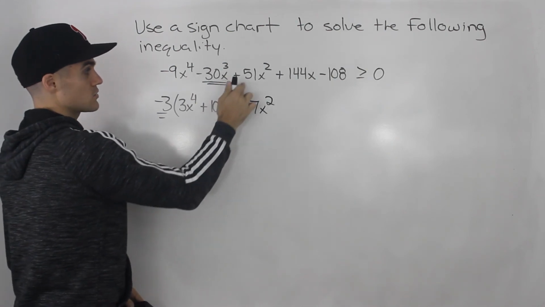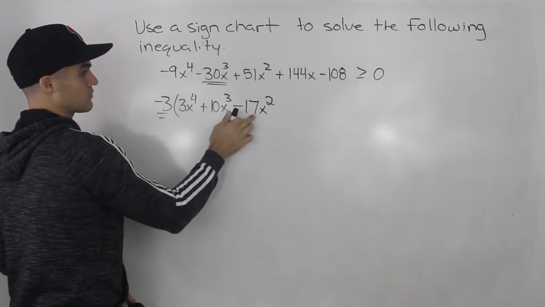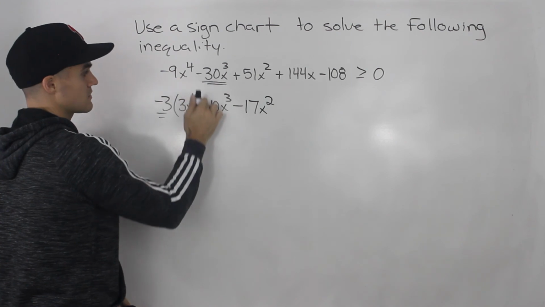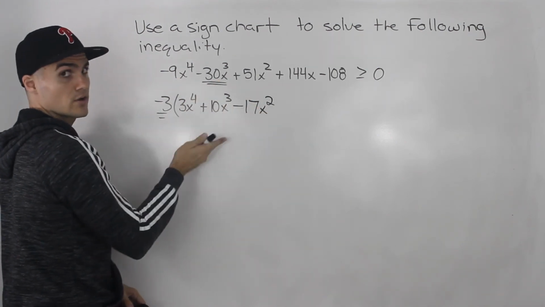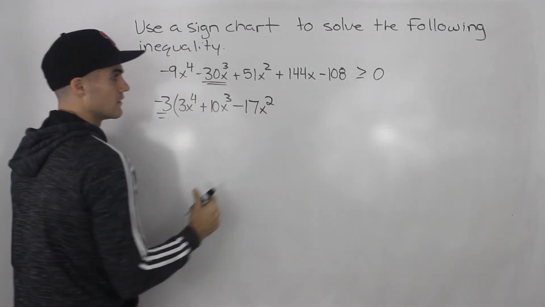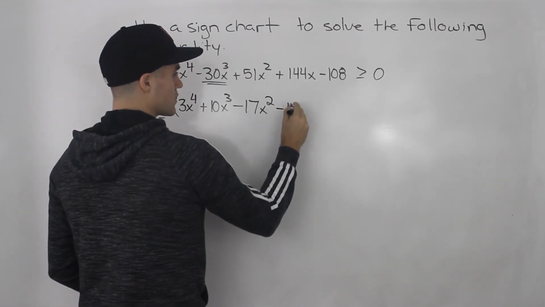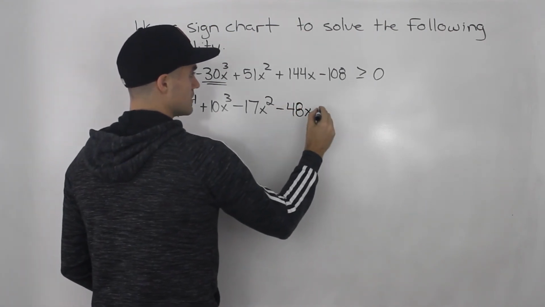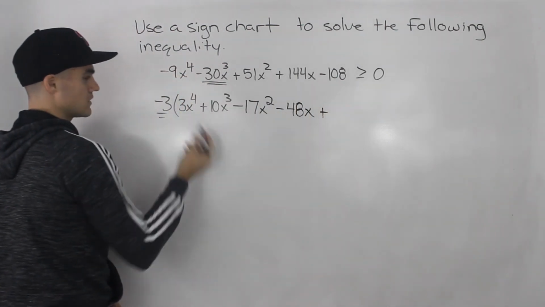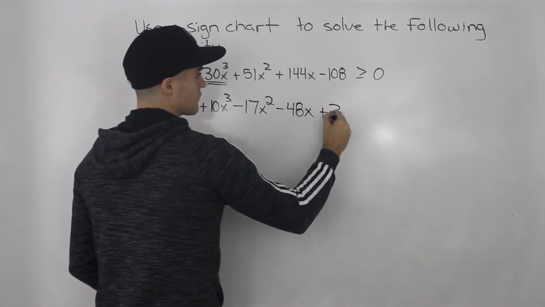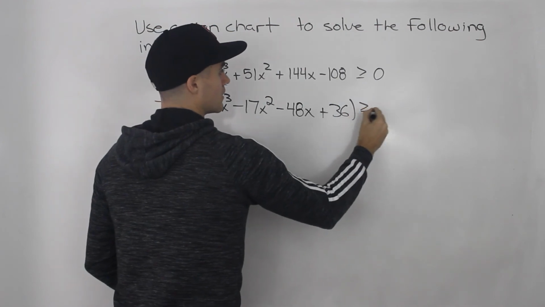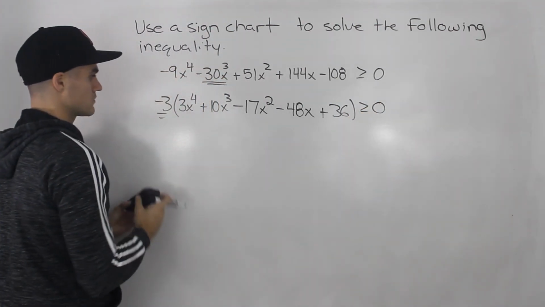Get positive 10x cubed. 51x squared divided by negative 3 gives us negative 17x squared. Notice how the signs are all changing because we factored out a negative number. Right here we would get minus 48x, and negative 108 divided by negative 3 gives us positive 36. We have to find when is that greater than or equal to 0.